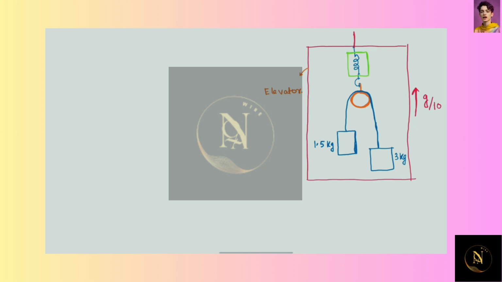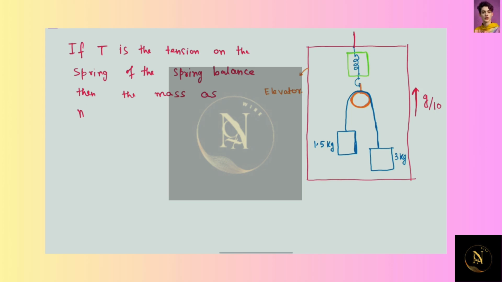Okay, if T is the tension on the spring of the spring balance, then the mass as measured by it is M equals the tension force on the spring balance divided by the gravitational acceleration g.